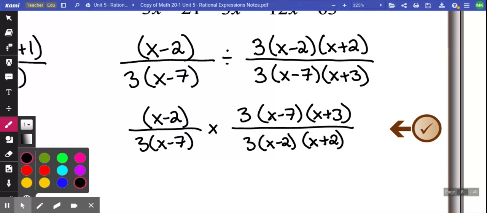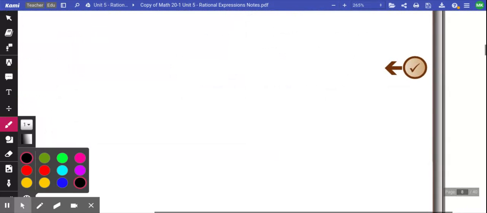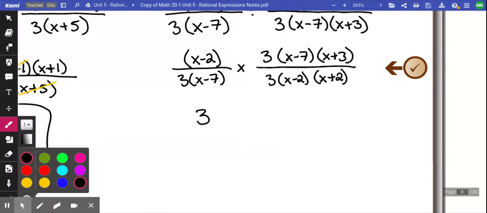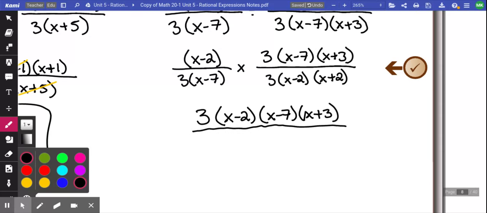Then I want to write things as a single fraction. So the 3 goes out front. I then have x minus 2, x minus 7, x plus 3. In the denominator, I've got 9, and then x minus 7, x minus 2, x plus 2.